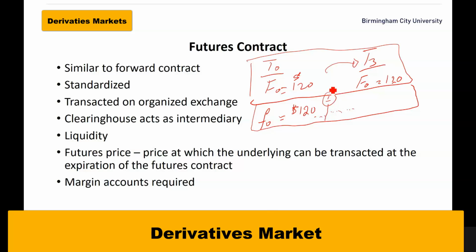There is no margin requirement for trading in forward contracts. There is a margin requirement for trading in futures contracts. And then we talked about forward contracts being exclusively OTC contracts and futures contracts being exclusively exchange listed.